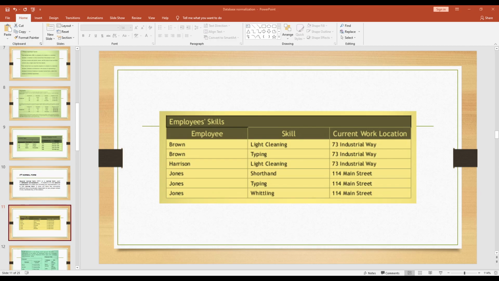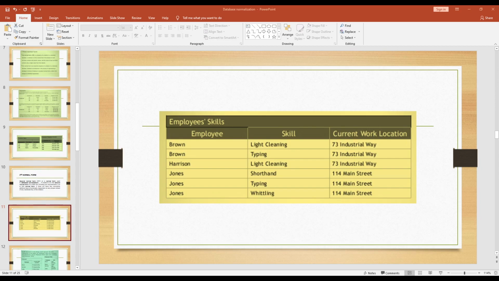Note the redundancy in the way current work locations are represented. We are told three times that Jones worked at 114 Main Street and twice that Brown works at 73 Industrial Way. This redundancy makes the table vulnerable to update anomalies.